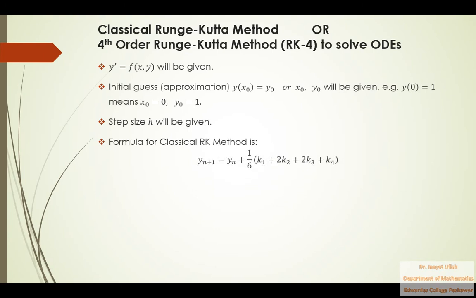This is the formula for the RK4 method. y(n+1) is equal to yn plus 1/6 times (k1 plus 2k2 plus 2k3 plus k4).